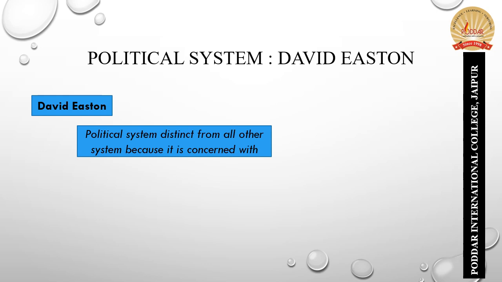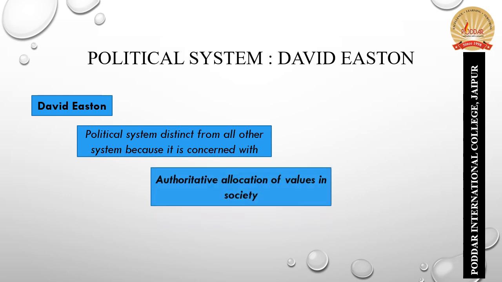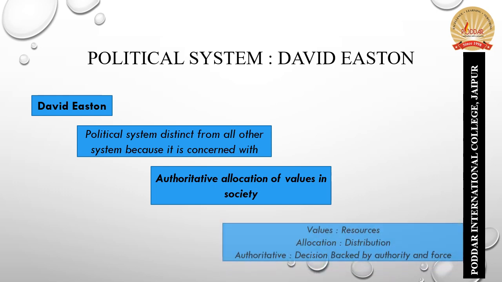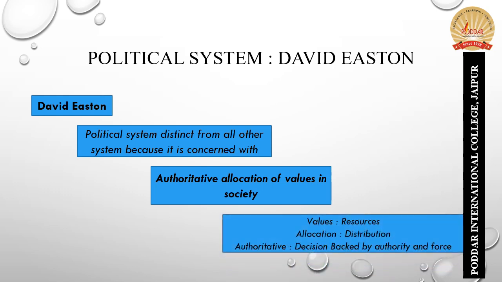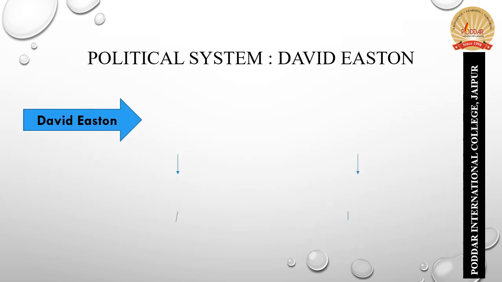The political system is distinct from all other systems because it is concerned with the authoritative allocation of values in society. Value means resources, allocation means distribution, equal distribution, and authoritative means a decision backed by authority and force. This is the political system base according to David Easton.